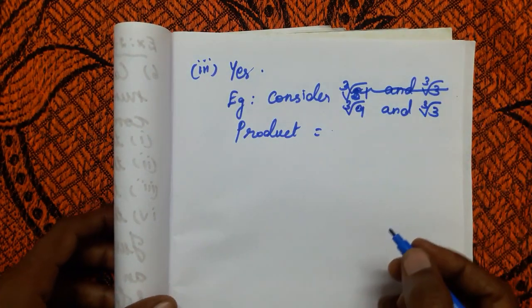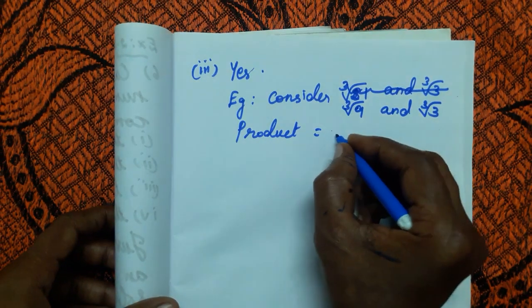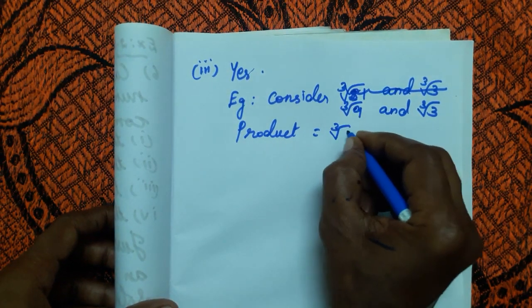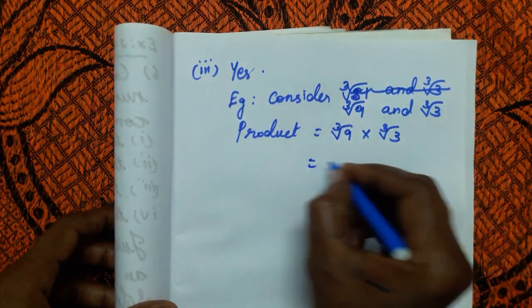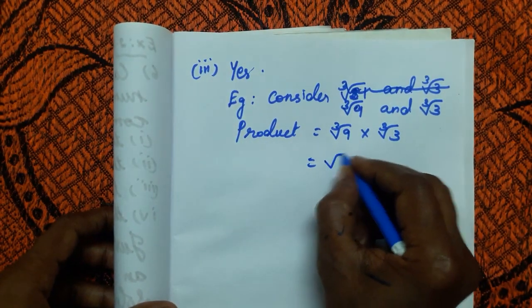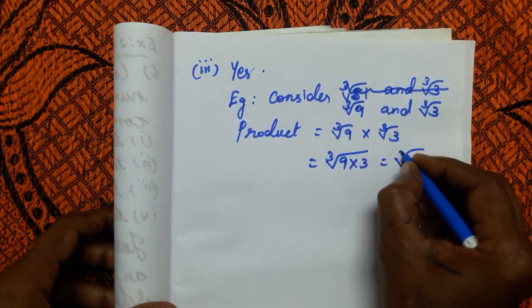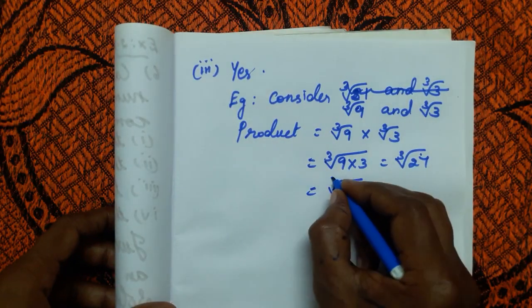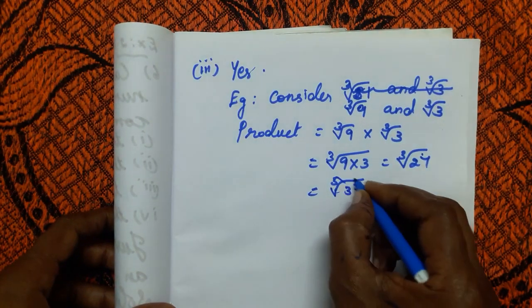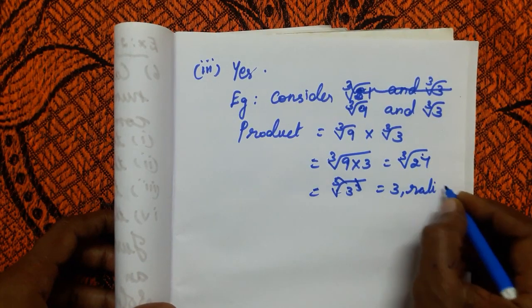When we are finding the product, what are we getting? Cube root of 9 into cube root of 3 is equal to cube root of 9 into 3, which is equal to cube root of 27. 27 means cube root of 3 cube, which is equal to 3. It is a rational number.